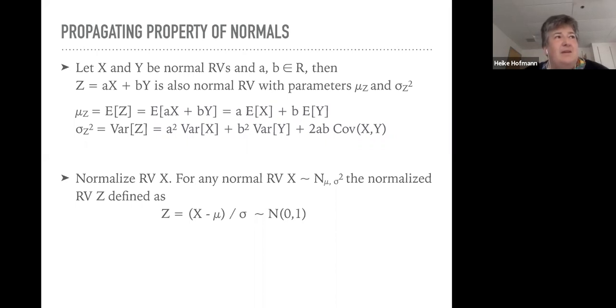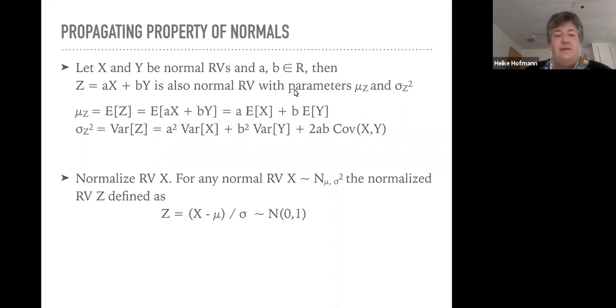So when we've got two random variables that are normally distributed, any linear combination of these normal random variables is going to end up being normal again. So this Z, which is a combination of X and Y, is also a normal random variable.